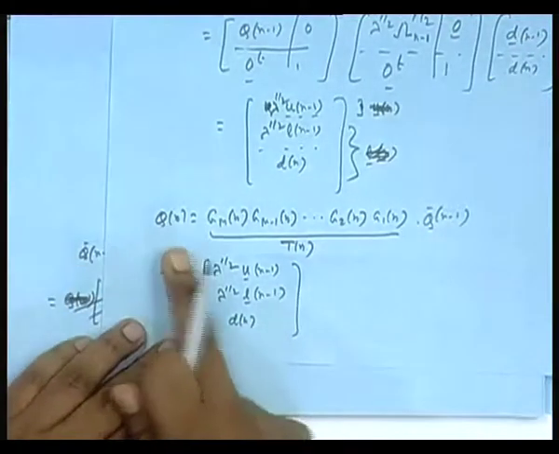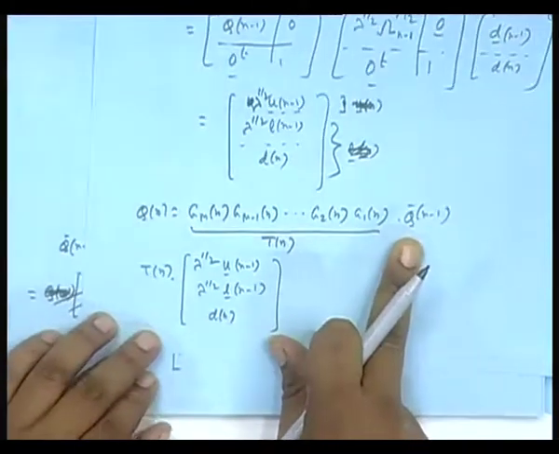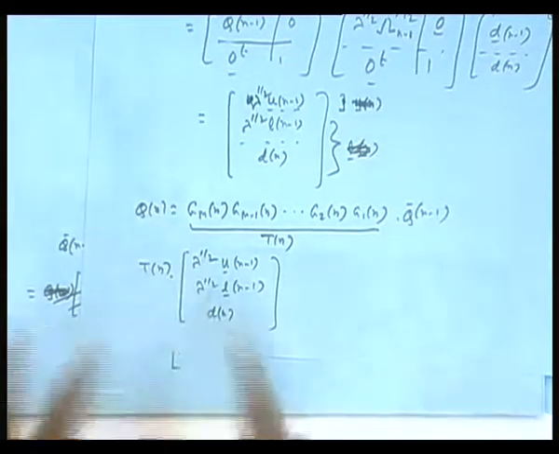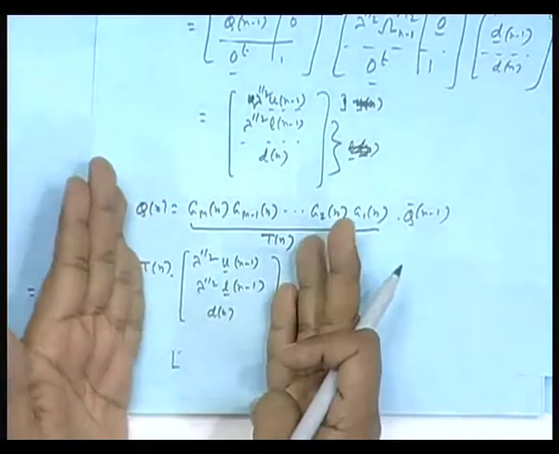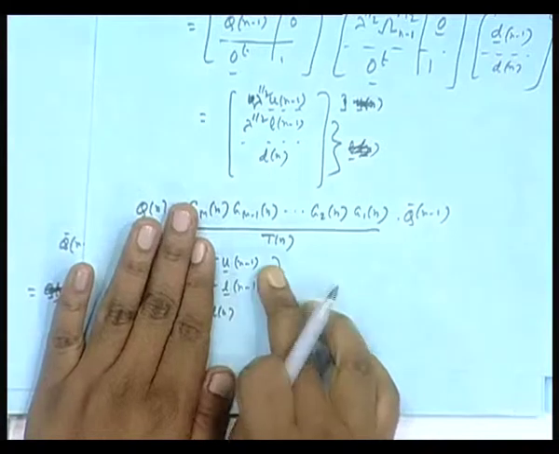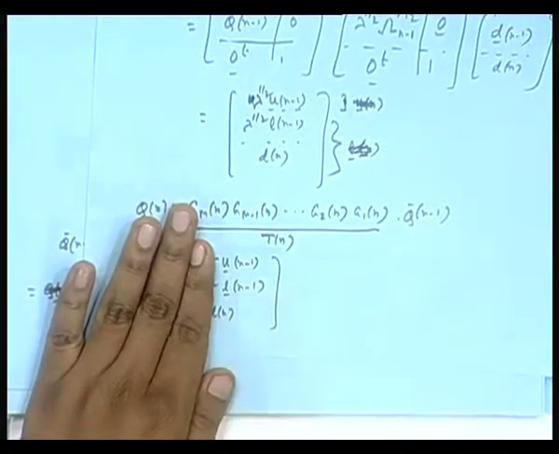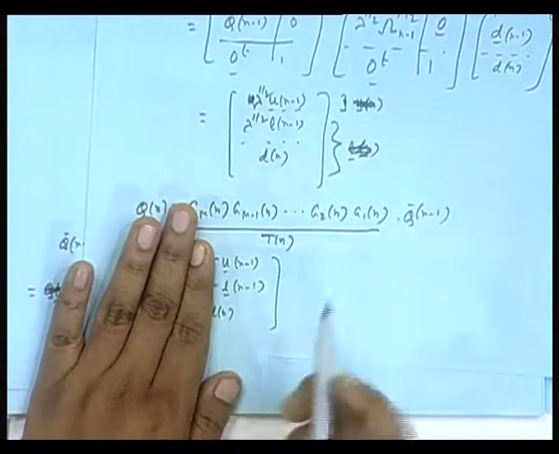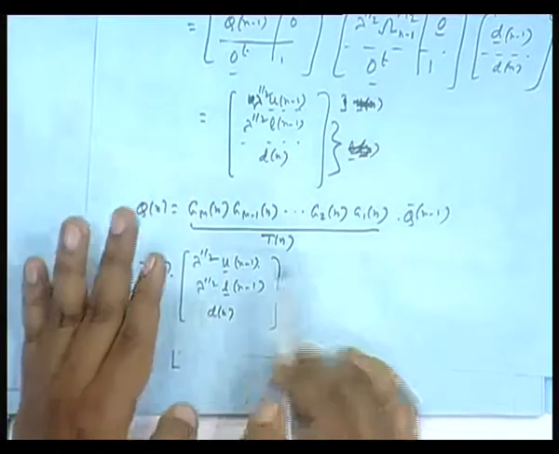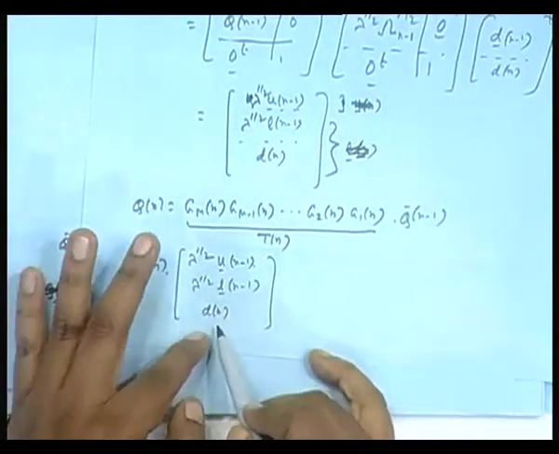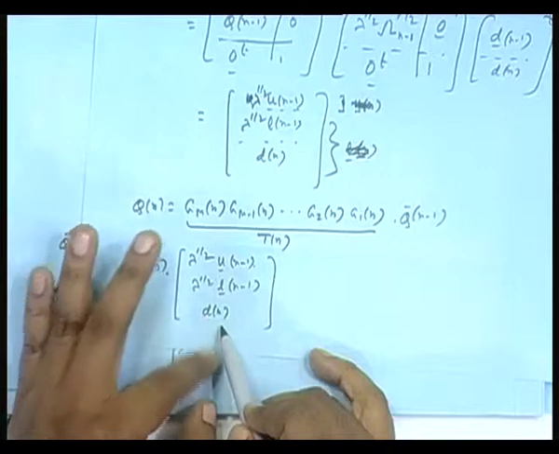So, remember I am not bothered about q bar n minus 1 or q n and all that. I have to find out this. You gave me what is u n minus 1, what is L n minus 1, that you gave me, like R n minus 1 you gave me this fellow. What I have done, simply I have brought in the lambda factor and appended the new data for desired response at the bottom.